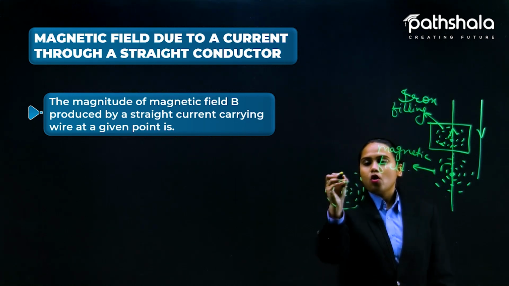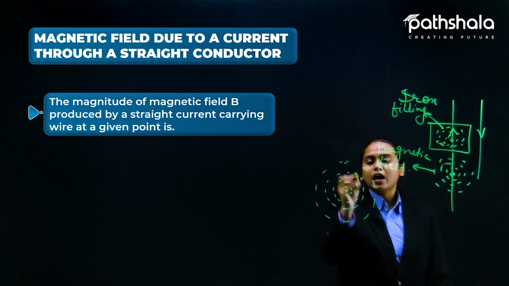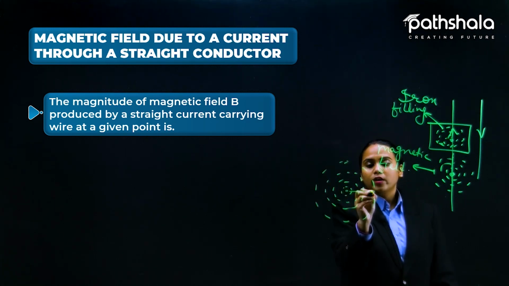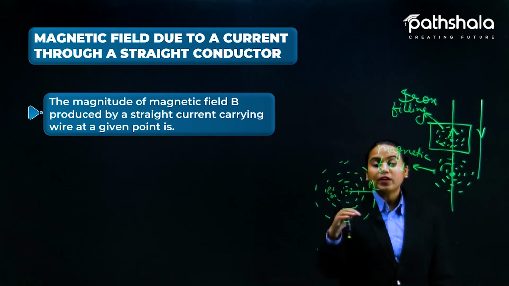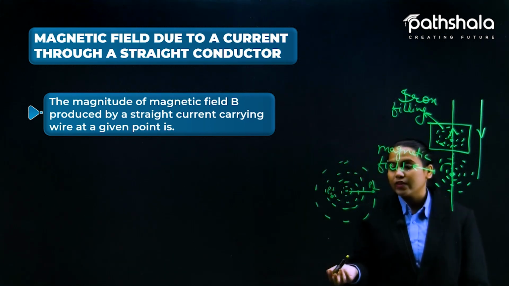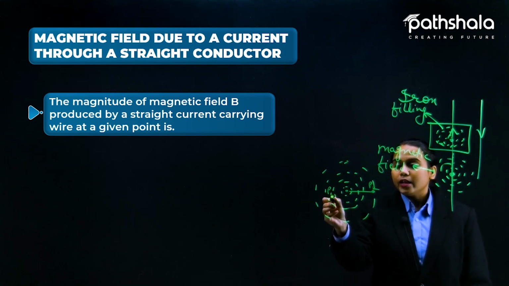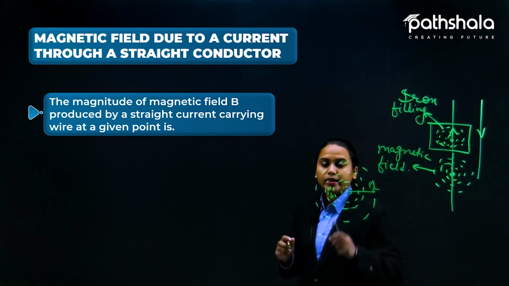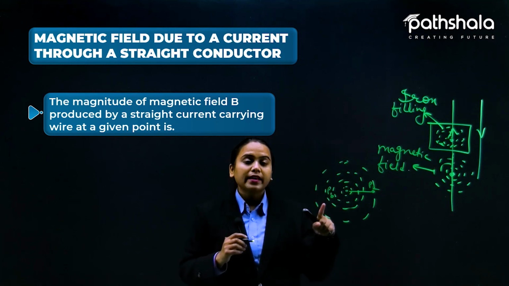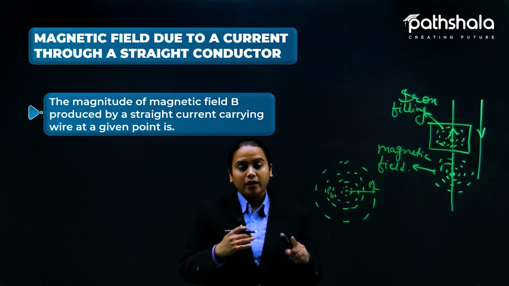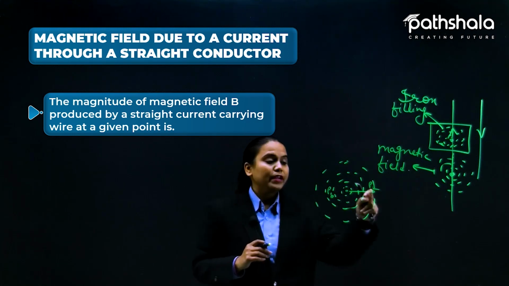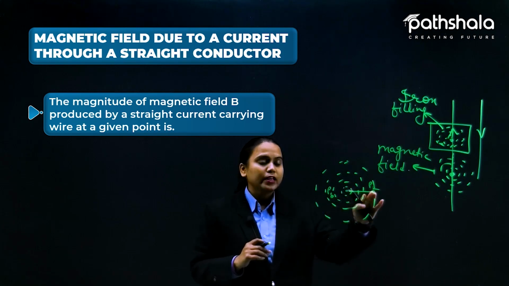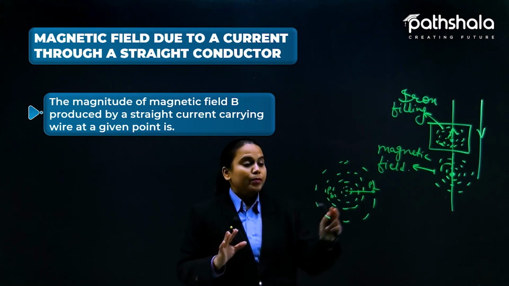So all these concentric circles, when we are going far from it, and one point, let's suppose it is here, point 1 P1 and point 2 P2, which is going to have more magnetic strength? Accordingly, wherever you are at the point right now, it will show the magnetic strength for that particular point. So P1 will show the magnetic strength of this particular point, and P2 will show the magnetic strength of that particular P2 point. Why? Because of the distance.